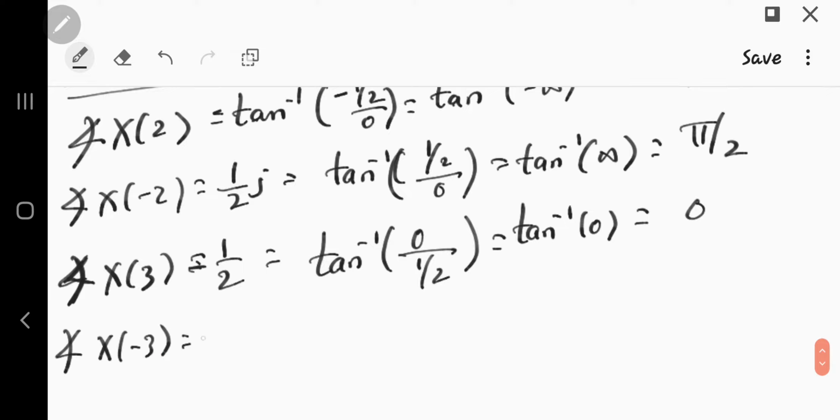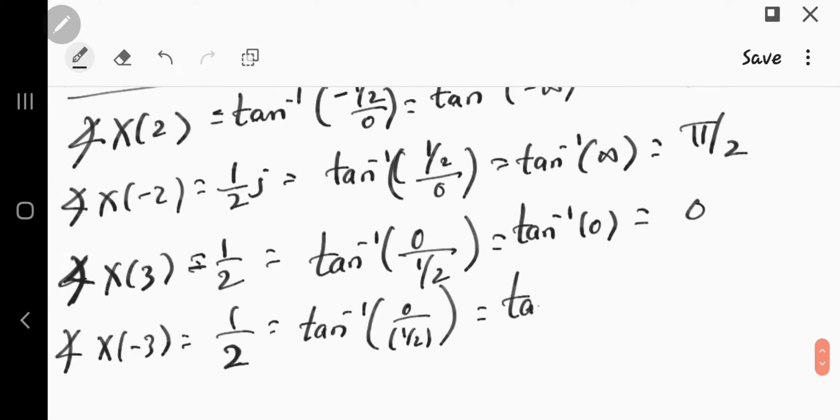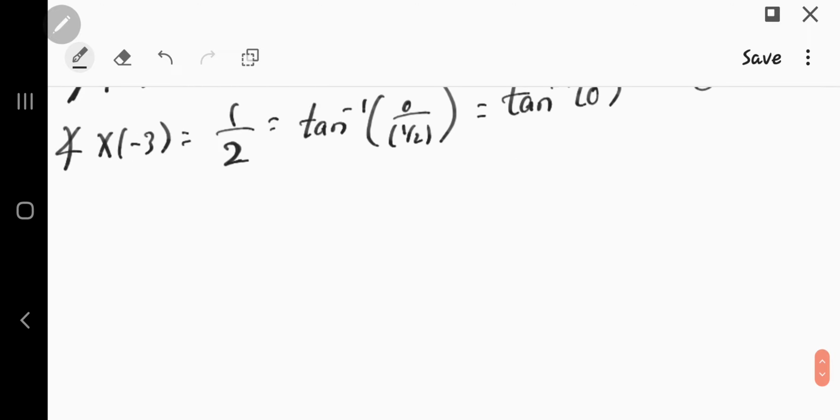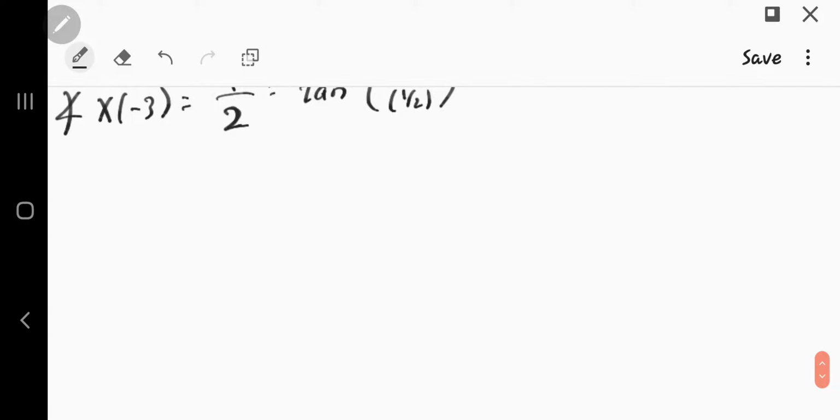And X of minus 3 is 1 by 2, it is tan inverse of 0 divided by 1 by 2. So again it is tan inverse of 0 and it is 0. So we have values only present for X of plus 2 and minus 2, and for X of 3 and X of minus 3 it is 0.